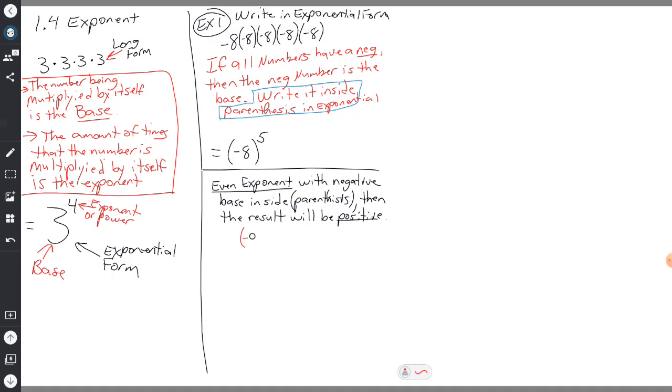So for example, if we have -4 and that's being raised to the 2nd power, it's an even power.